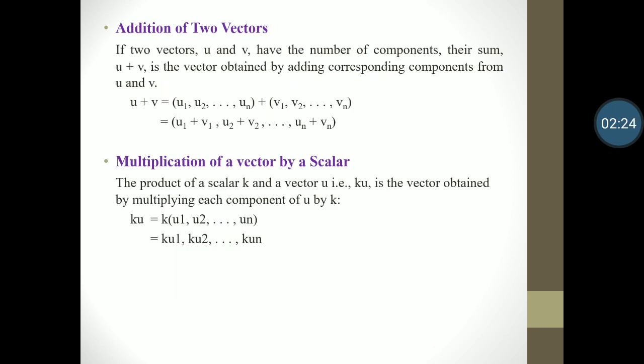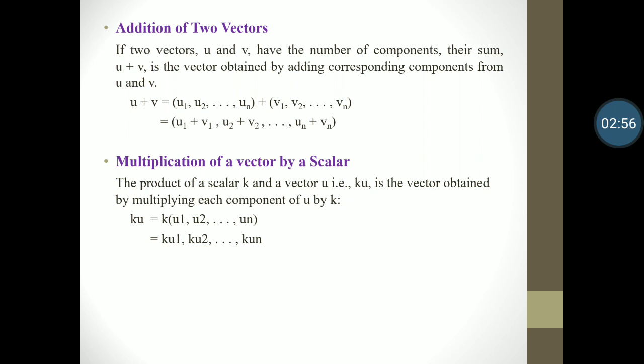Second thing is addition of two vectors. For adding two vectors v and u, we will have different values in our vectors. Say we have values 1, 2, 3 and we have values 4, 5 and 6. In addition of v plus u, we will add 1 and 4, 2 and 5, 3 and 6.